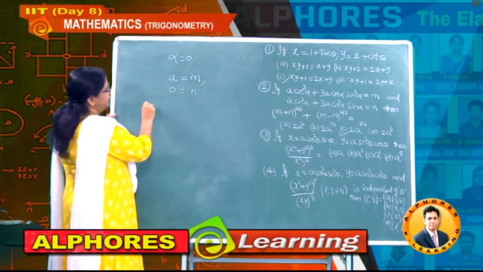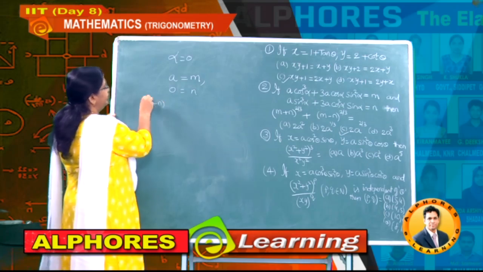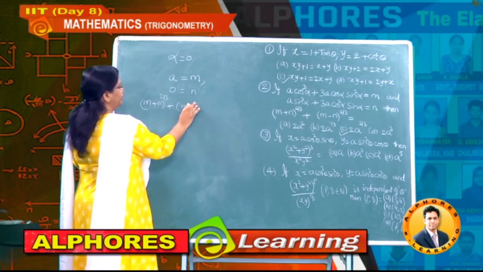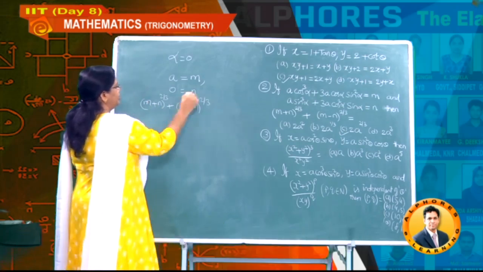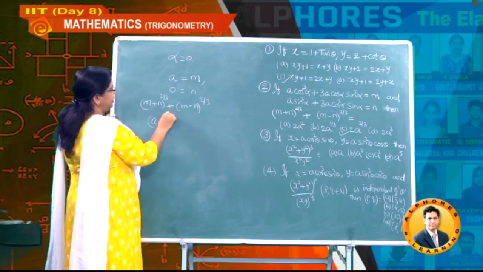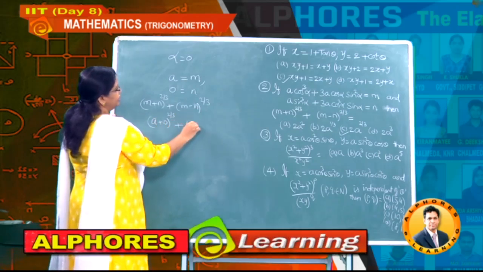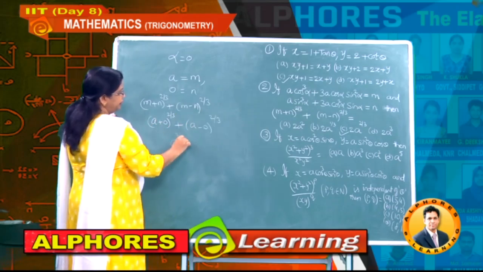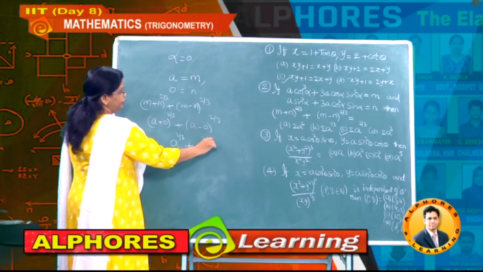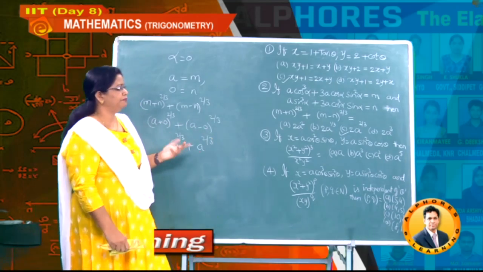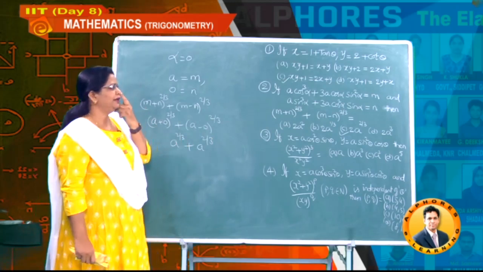Now I substitute m plus n power 2 by 3 plus m minus n power 2 by 3. Understand? So if I substitute, what is the m value? a plus 0 power 2 by 3 and plus a minus 0 power 2 by 3, which is a power 2 by 3 plus a power 2 by 3. So what is the answer? 2 times a power 2 by 3. Very simple, right? So what have we taken here?